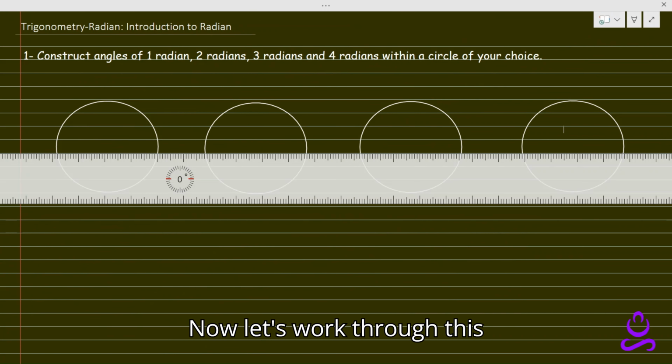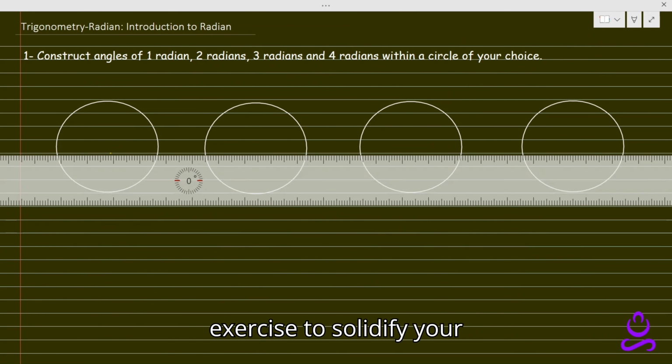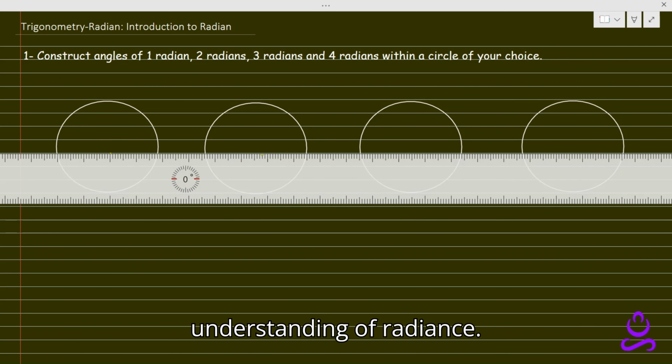Now let's work through this exercise to solidify your understanding of radians.